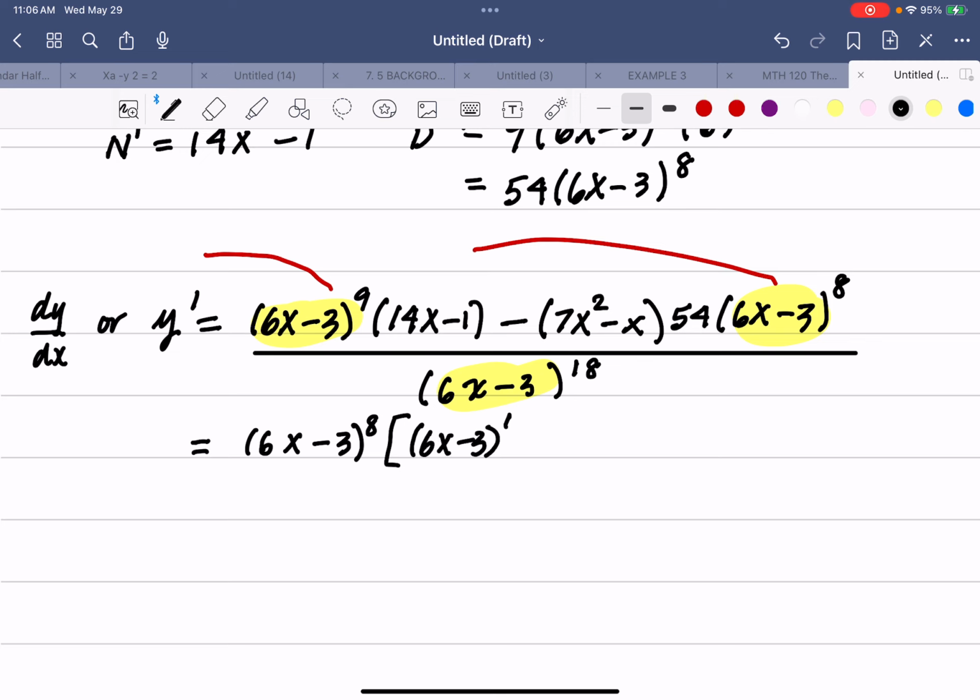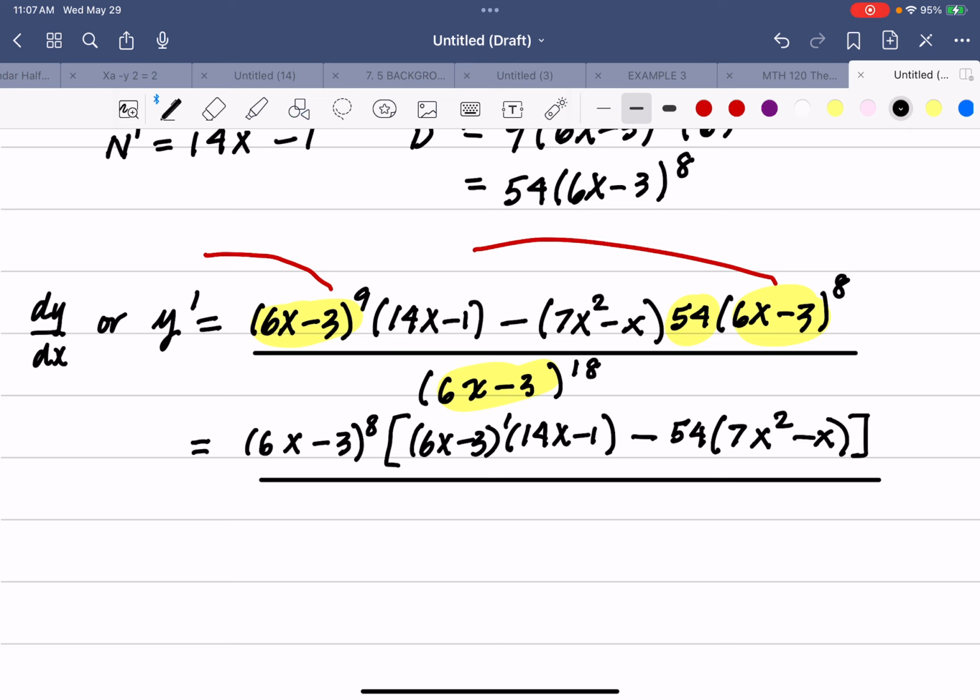Remember, I've only taken out 8. (14x minus 1) minus, I'm going to bring this little 54 to the front. So 54 times (7x squared minus x), all of that is over that denominator squared, (6x minus 3) to the 18th.